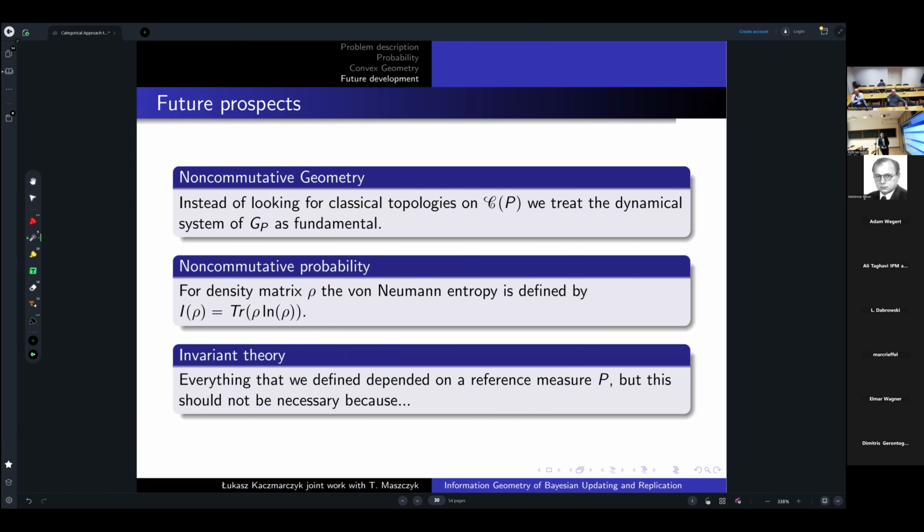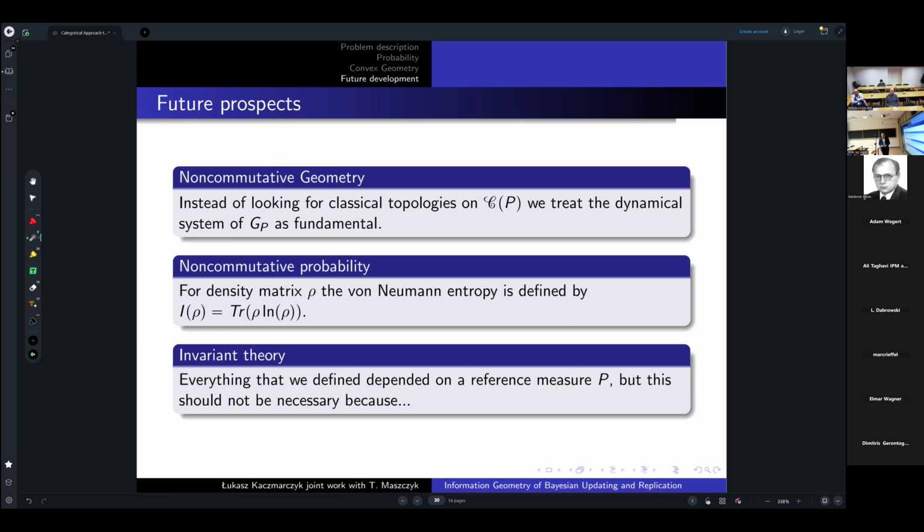And the last one is to try and divorce ourselves from this a bit arbitrary choosing of reference measure. So instead of calculating Kullback-Leibler directly for some chosen measure P, we could divide everything and treat it as something that depends only on the absolute continuity class of P, and this would yield for us some invariant theory.